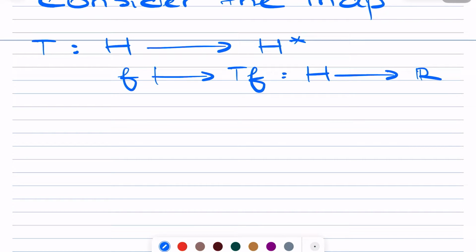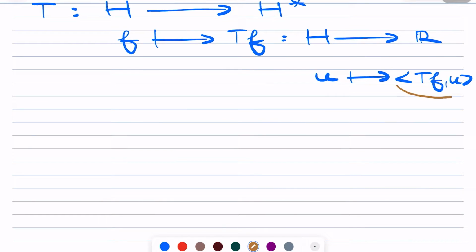So for any u here, you have this dual pairing ⟨Tf, u⟩, which is nothing else than, maybe we define it to be, this scalar product of f and u.